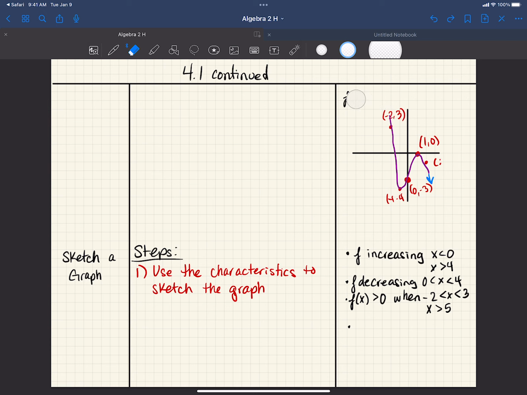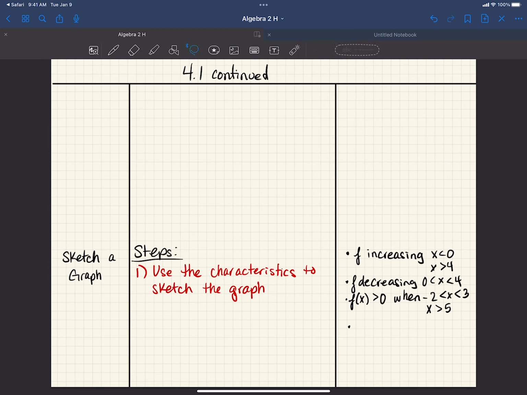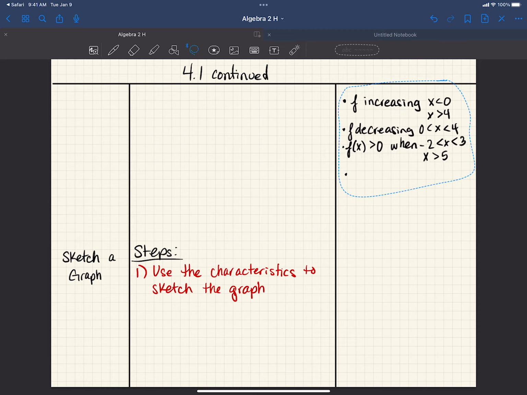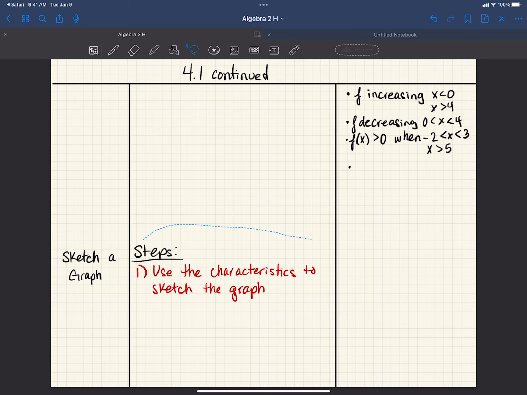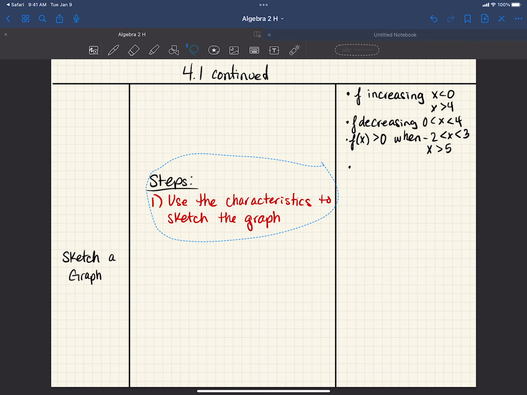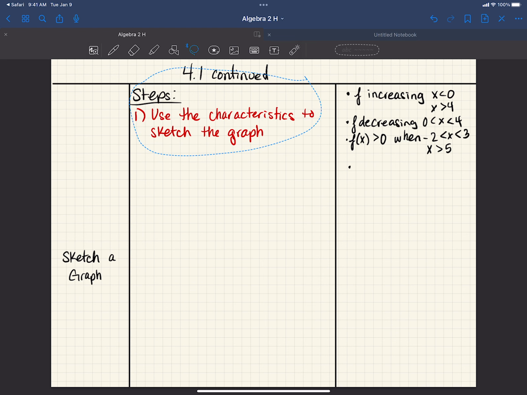So it seems like a lot of intimidating information, but all we need to do is just review the information we know about functions and their graphs, and then we'll be able to easily kind of sketch it.